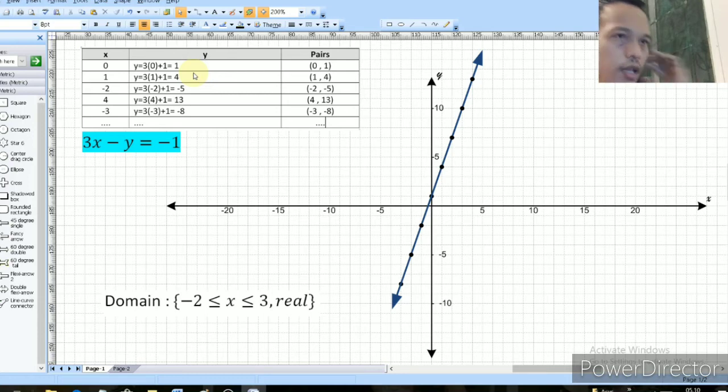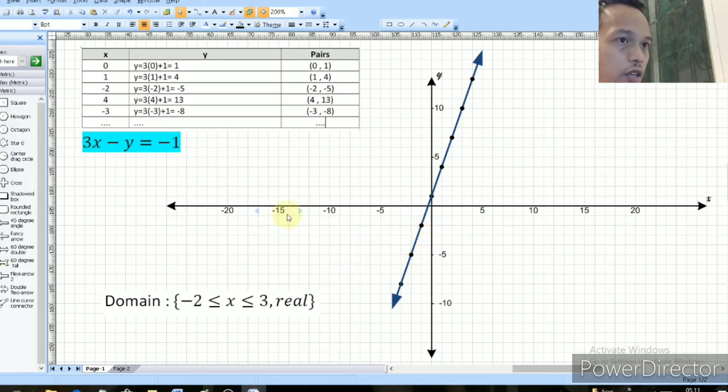So let me put it this way. If we use the same example from the previous one, 3x minus y equals -1, we know that if the domain is all real numbers, it means the graph itself is this line with arrowheads at both sides. Why? Because it will continuously go there and continuously go there. So I can be certain that my graph covers all values of x.